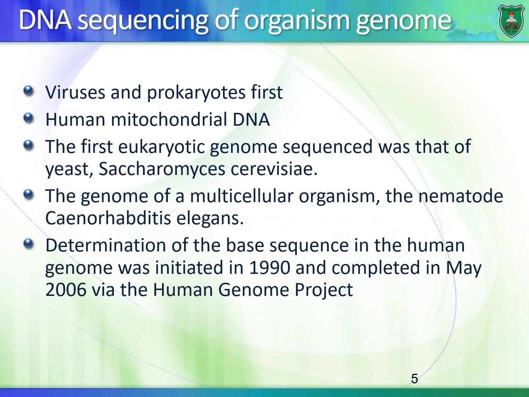Now, this is a quick history. First, it started with the smaller organisms, smaller viruses and prokaryotes. Then human mitochondrial DNA was sequenced. Then the yeast genome was done, etc. And in 1990, the Human Genome Project started.